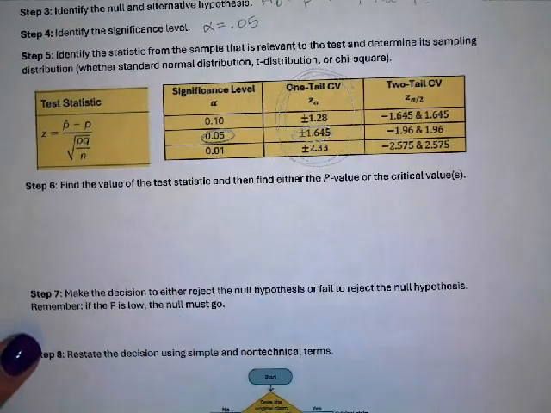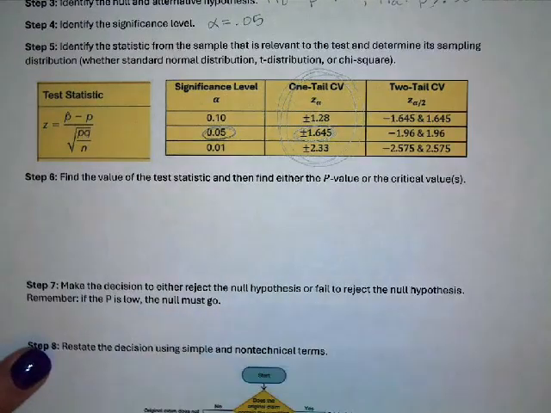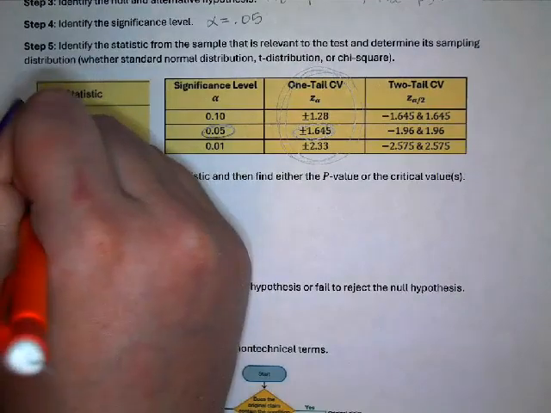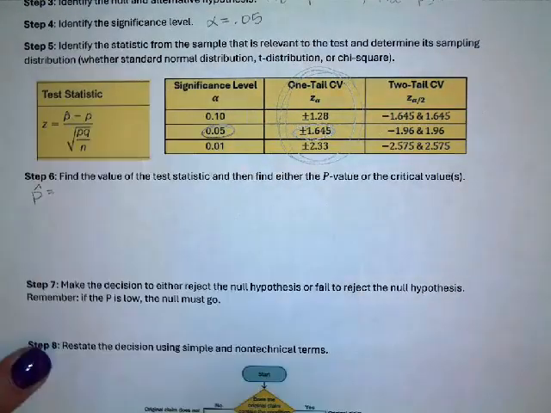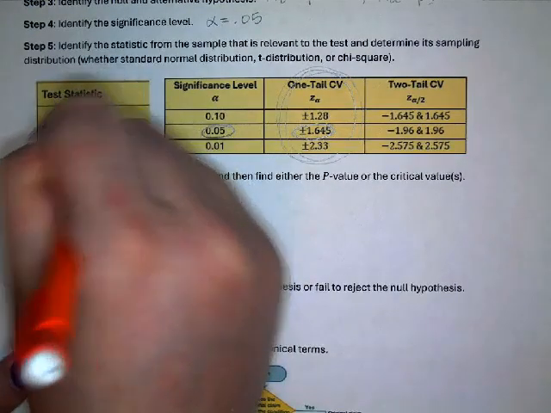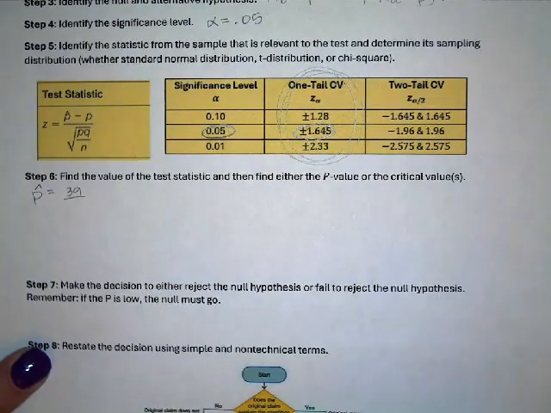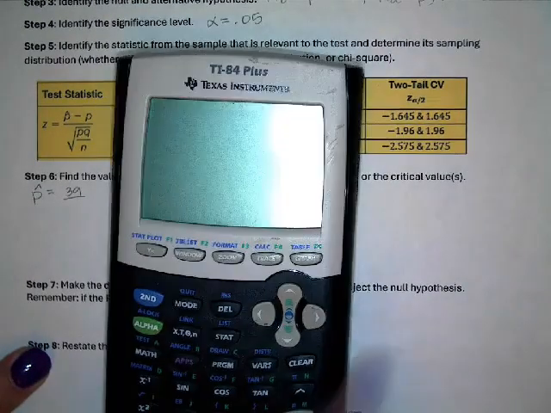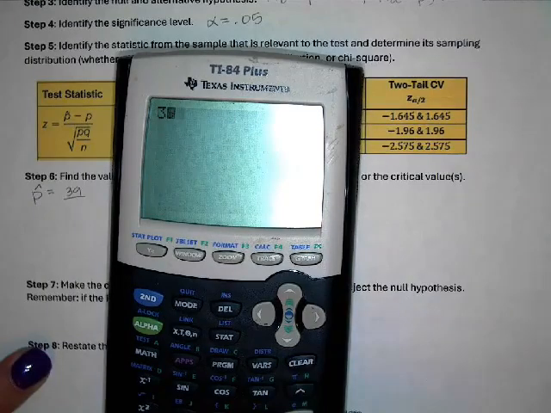So P hat is going to be the number of people who were smoking 1 year after the treatment, that's 39, divided by the total number of people in the sample. And the total number of people in the sample were those who were smoking plus those who were not smoking, so 39 and 32. So 71 people in that sample.